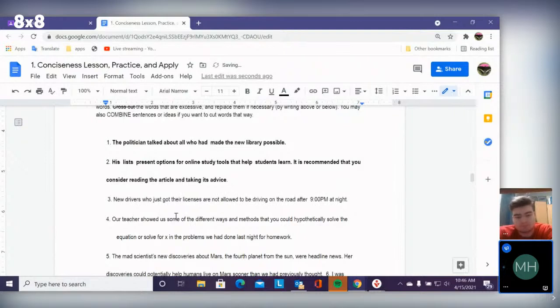New drivers, and we don't have to say who just got their licenses because that's what a new driver is, right? Yep. New drivers are not allowed on the road after 9 p.m. We assume that 9 p.m. is night. It's afternoon. Yeah. So there we go with that one. So I think that looks good.